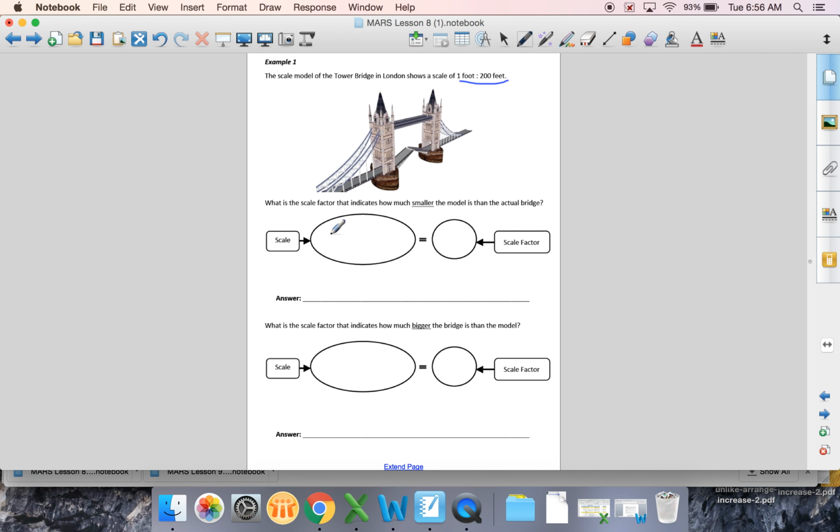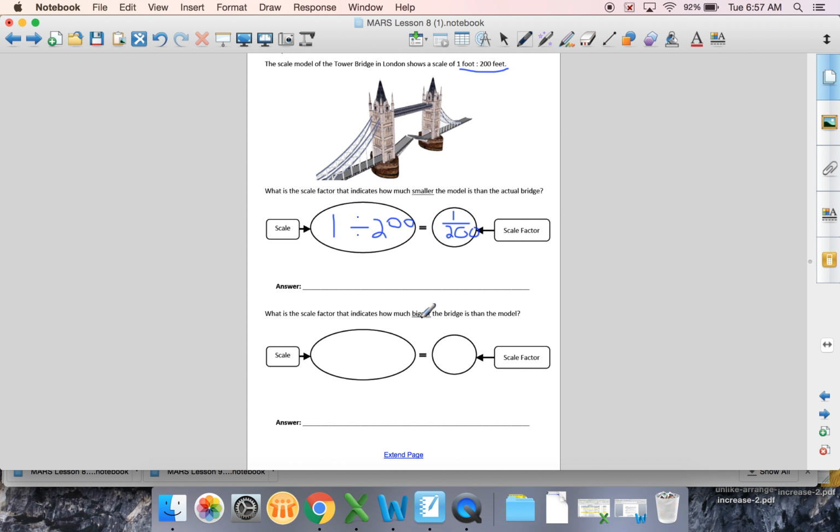So basically we're going to have our scale in here, which we know is 1 foot divided by 200, which is going to be 1/200th, or you can use a calculator and figure that out. So it's 1/200th the size.